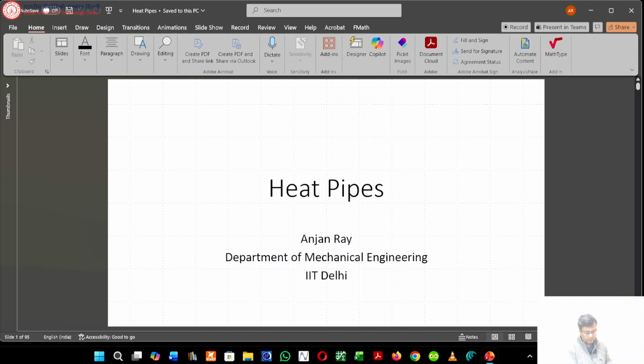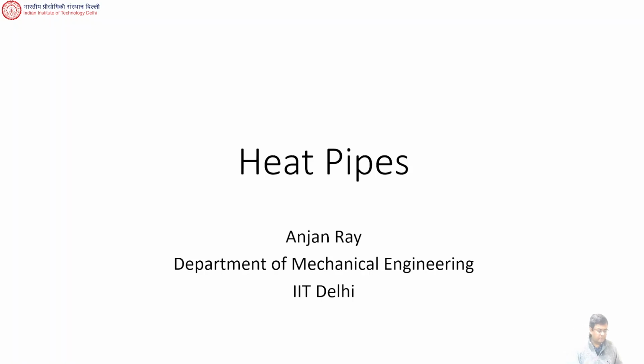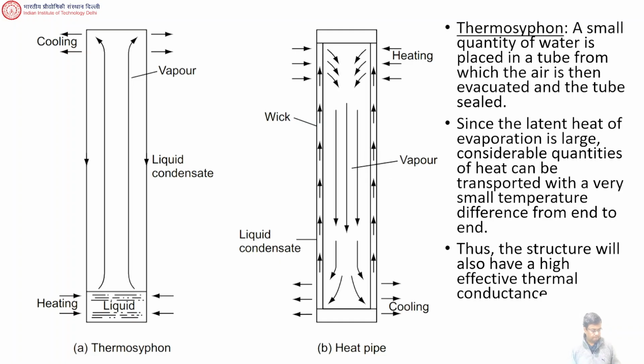So what are heat pipes? I briefly mentioned it, I think, once about heat pipes, but nothing much was covered previously. So let's look at this. There are thermosiphons and there are also heat pipes. Thermosiphon, I don't know whether you had seen this before.